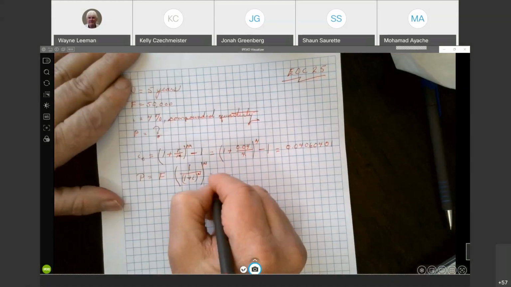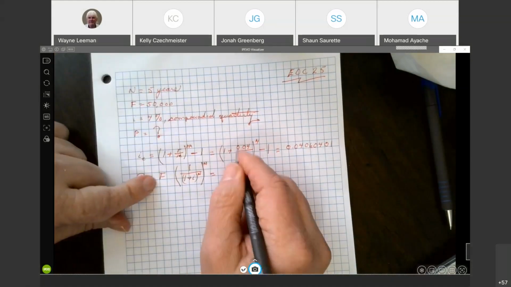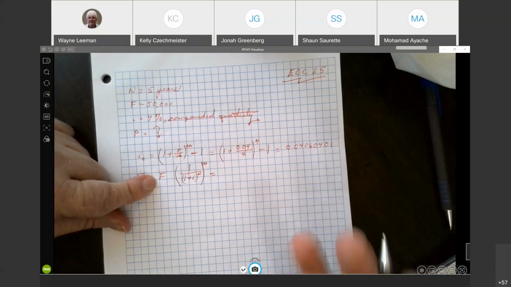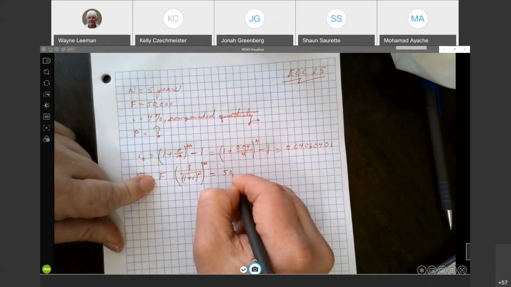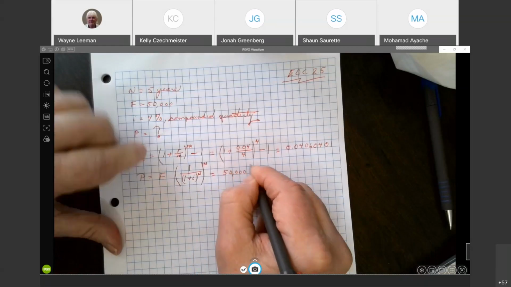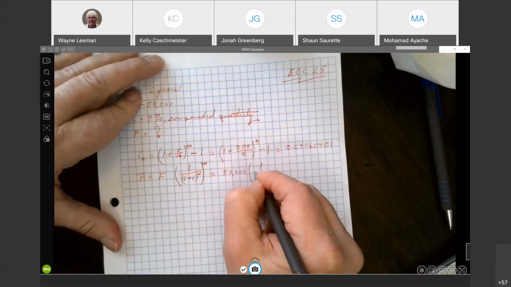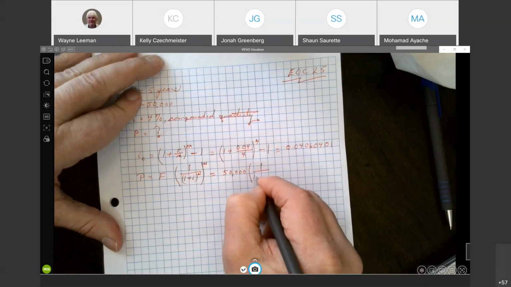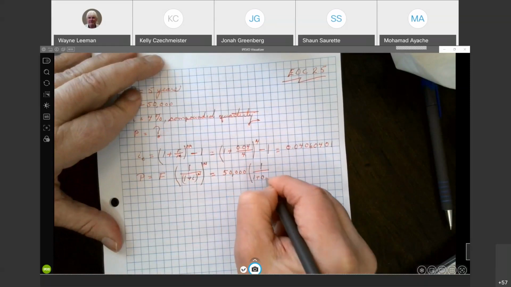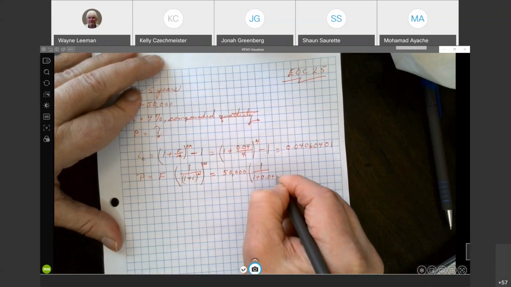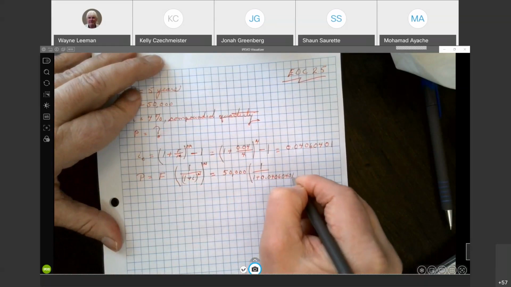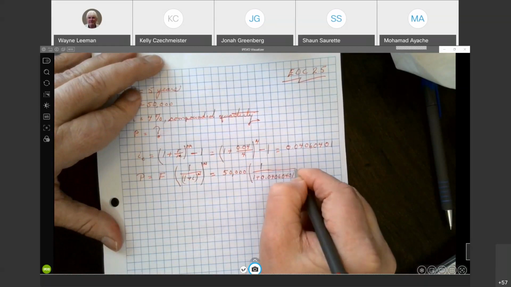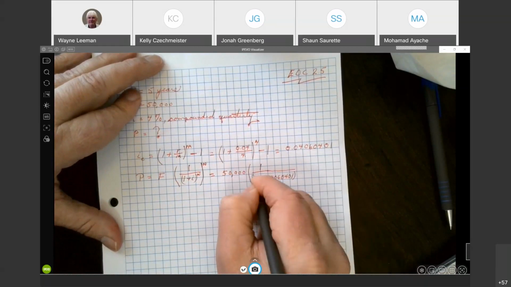So that will be equal to the future value. Remember, we've been given the future value, it's $50,000, times 1 over 1 plus 0.04060401 to the power of N.